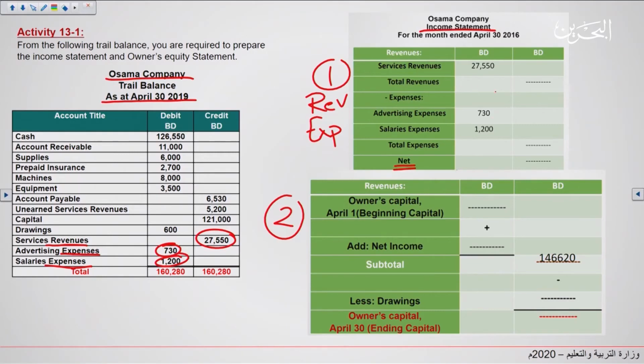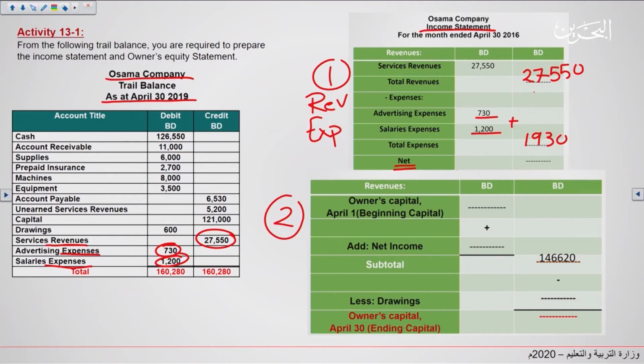So we will start with the service revenue, which is the revenue here. We will add it because it is already one amount, so the total will be the same. Then I will list the expenses here, which are 730 and 1,200. We will add them to get the total of the expenses, which is 1,930.